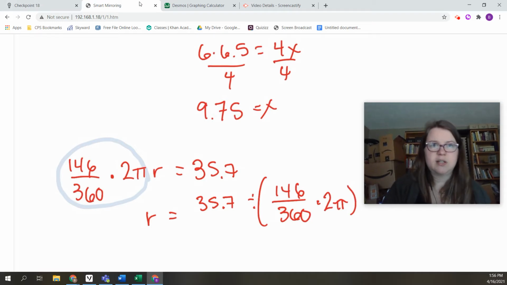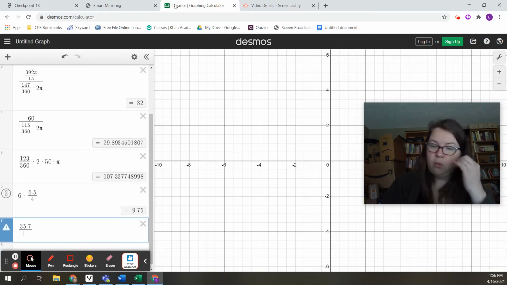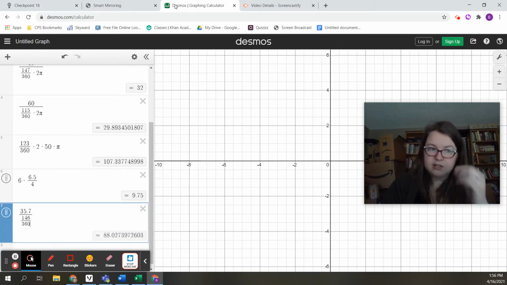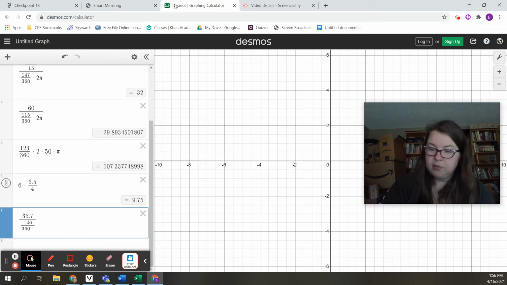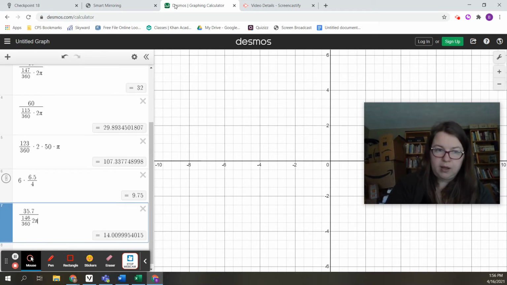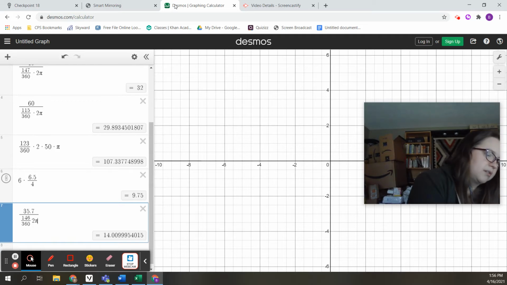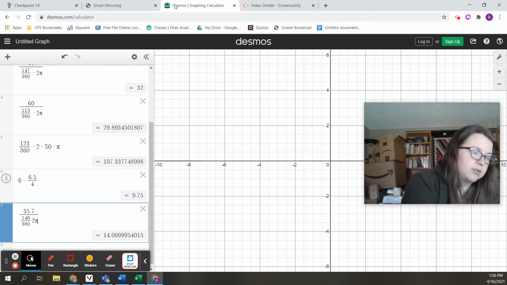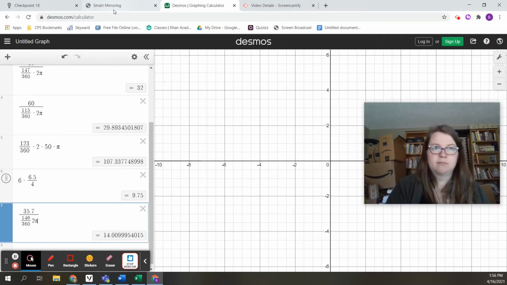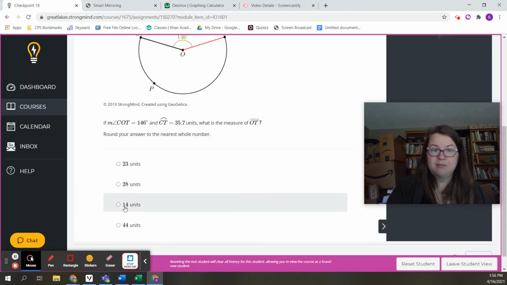So we're just going to go into decimals and do that. And I get 14.00 something something. So it's just going to be about equal to 14. Coming back here, 14.